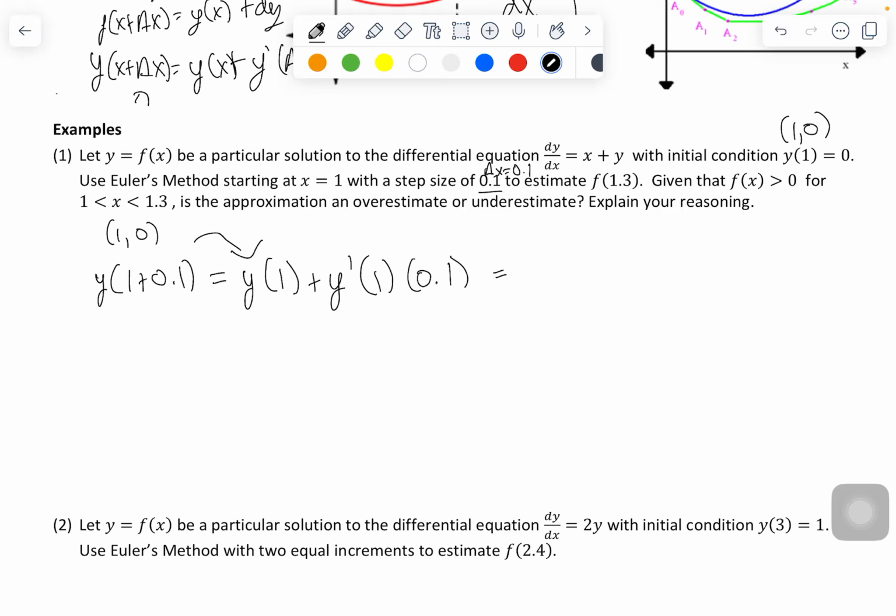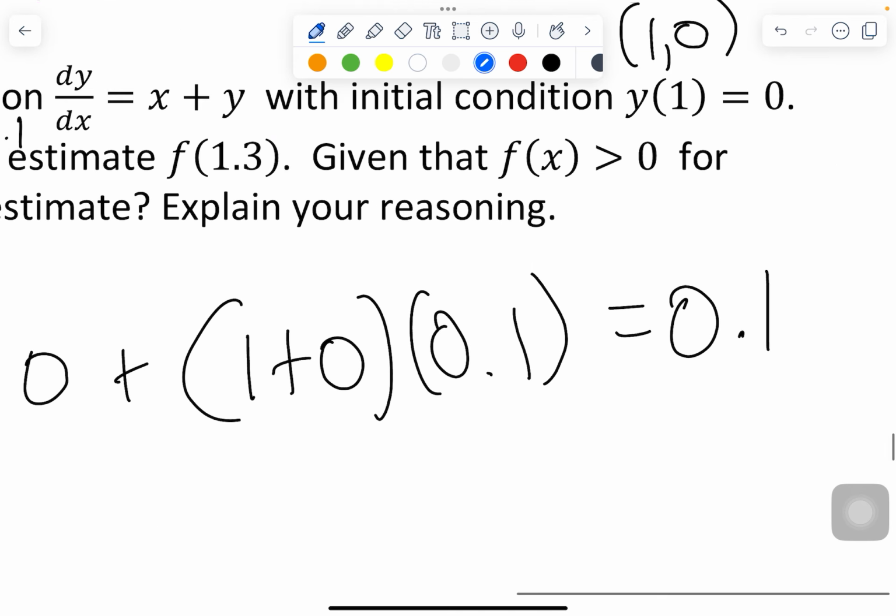Since we're given this point, we can start it off. So y of 1.1 is 0 plus (1 plus 0) times 0.1, which is equal to 0.1. So now that we have this, we have an approximate value for 1.1.